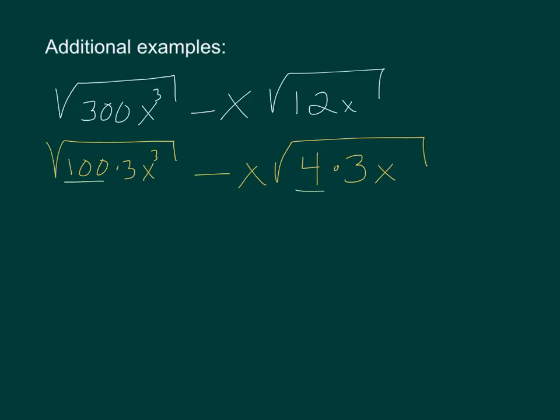So I'm going to take these perfect squares out. The square root of 100 is 10. I cannot take the square root of 3. When I do the x's, I'm going to divide. 2 into 3 goes in one time with 1 left over.